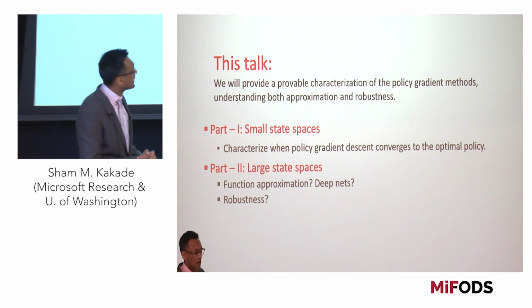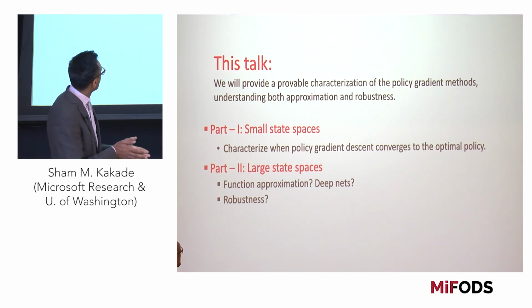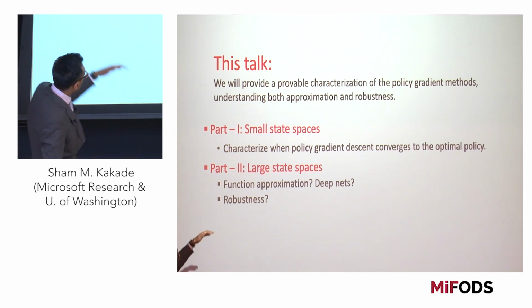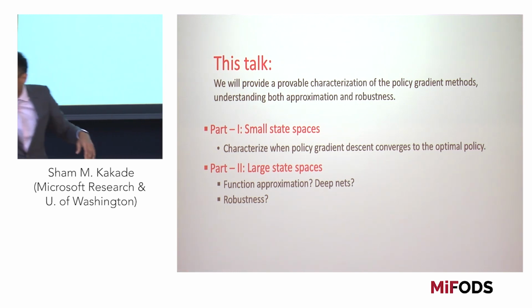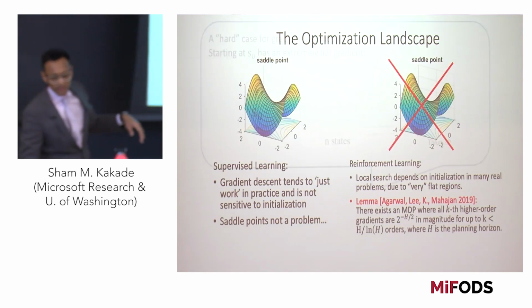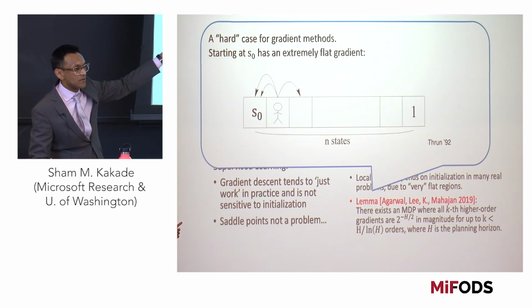We're going to look at some provable characterization of these policy gradient-based methods, and we're going to look at this basically in two regimes. So let's think about settings that are small. In a small problem like this, we might want to understand the actual behavior of policy gradient methods.